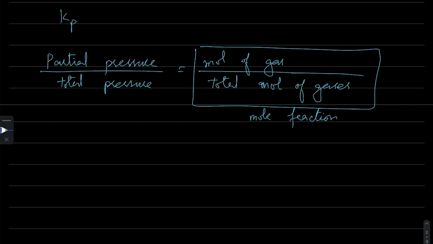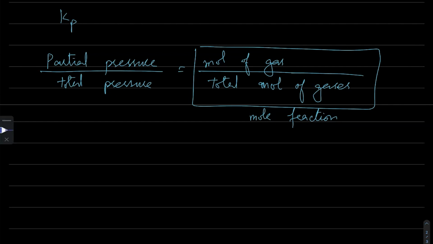So basically what we're saying, the hidden agenda over here, is that the pressure depends on the number of moles. And that comes from Avogadro's law, which we studied in states of matter. So if you have more particles of any particular gas in a mixture, the pressure because of that gas will be higher.